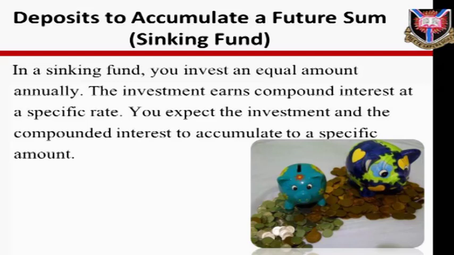Deposit to accumulate a future sum: sinking fund. In a sinking fund, you invest an equal amount annually. The investment earns compound interest at a specific rate. You expect the investment and the compounded interest to accumulate to a specific amount.